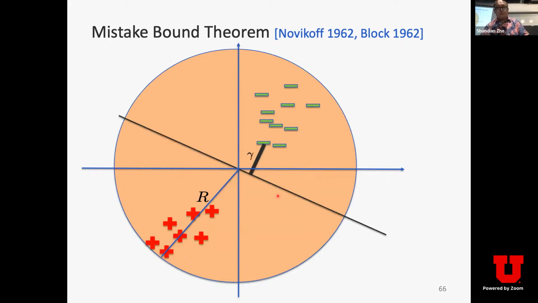Then if we can find a separating hyperplane whose margin is gamma, meaning that the minimum distance between the closest point and the hyperplane is gamma, and you run your perceptron, the number of mistakes it will make is at most R squared over gamma squared, which is just the ratio between this ball radius R over this minimum distance gamma, squared.